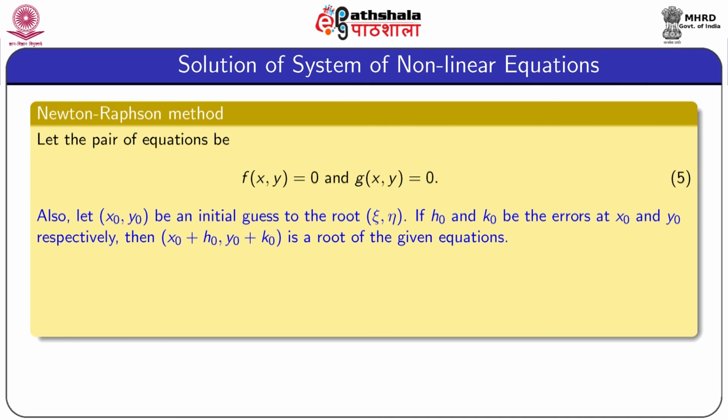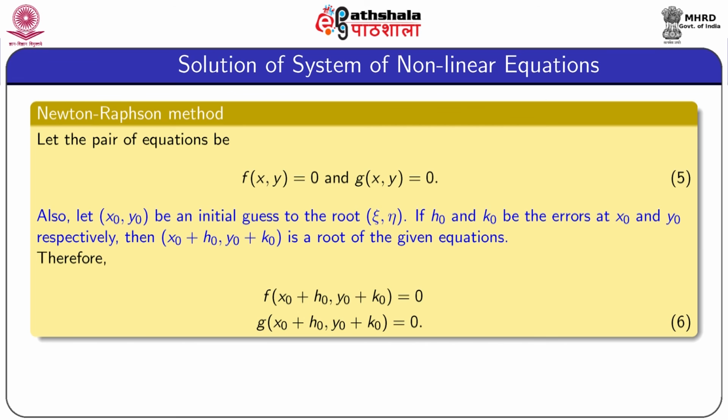Since x0 and y0 are the approximate root or initial guess, and h0 and k0 are the corrections, if the corrections are exactly evaluated from any method, then x0 plus h0 is the exact value of x and y0 plus k0 is also the exact value of y. But if these two values are not exact, then x0 plus h0 is an approximate value of x, and similarly the second one is the approximate value of y.